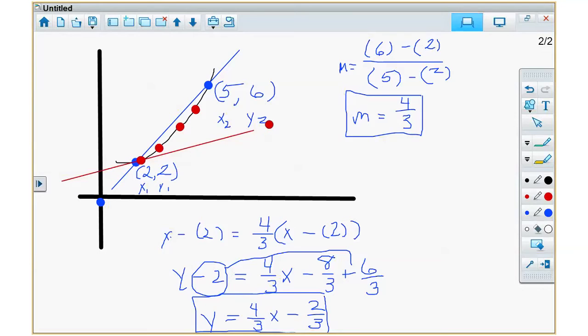Where with algebra, you have to what? You have to go back and use that 2.2. And let's say this is 4 and 5. Then now you have to plug in 4 minus 2 and then 5 minus 2, or whatever the case may be. 5 minus 2 over 4 minus 2. Here you have to do 3 and 3 or whatever the case may be. You have to calculate each one.